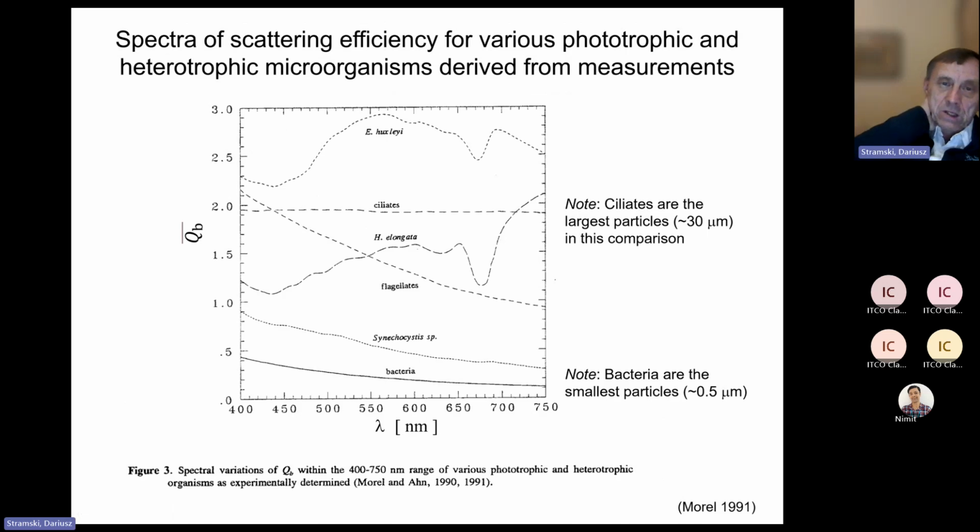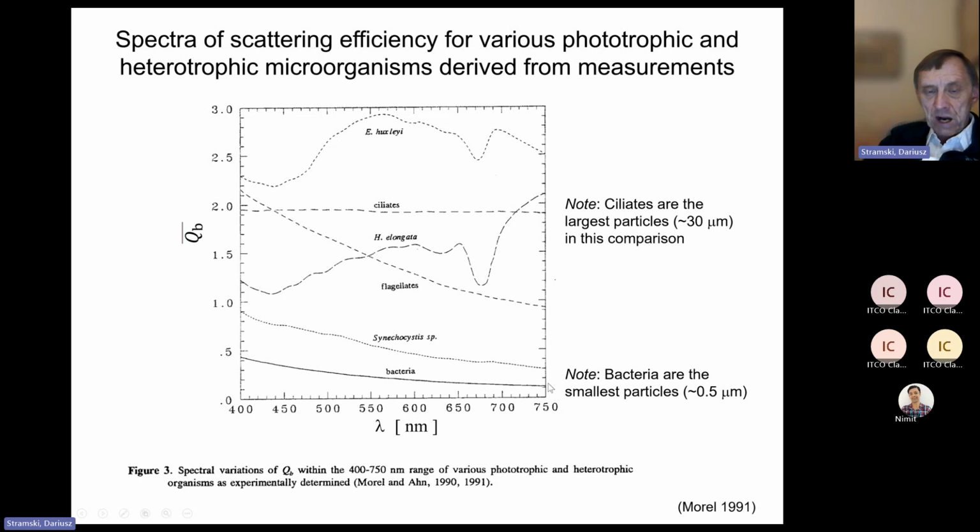And so right now, I would like to discuss the interpretation of measurements, or experimentally derived spectra of scattering efficiency, for different phytoplankton and heterotrophic microorganisms in terms of the theoretical background that I've just described. In these graphs, we have the Q sub B efficiency factors for total scattering versus wavelength.